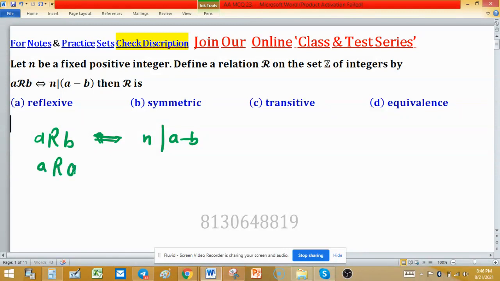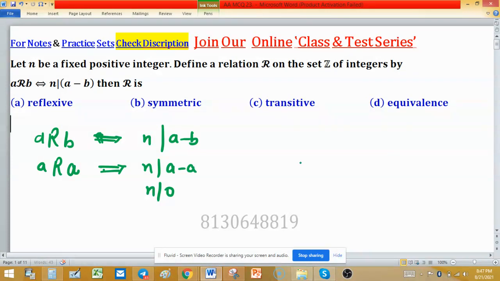So A is related to itself when n divides A minus A, and we know that 0 is divisible by any integer other than 0.